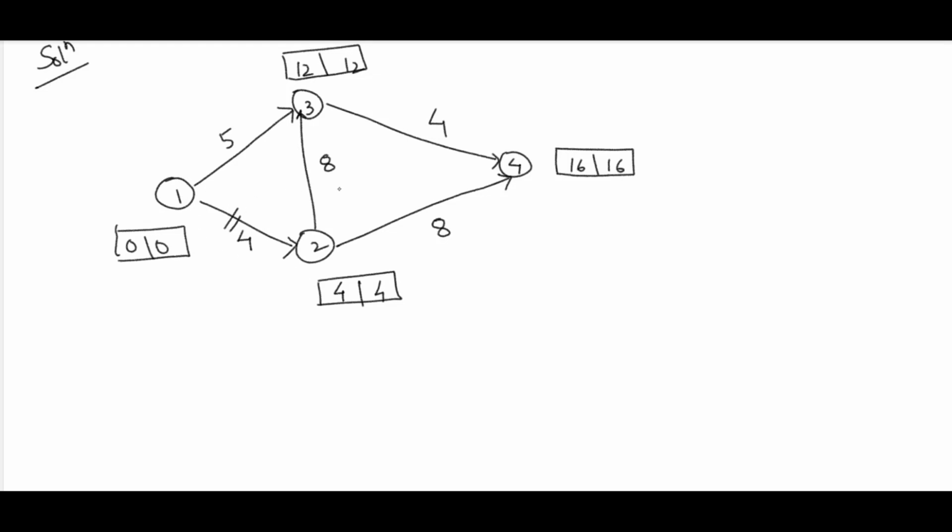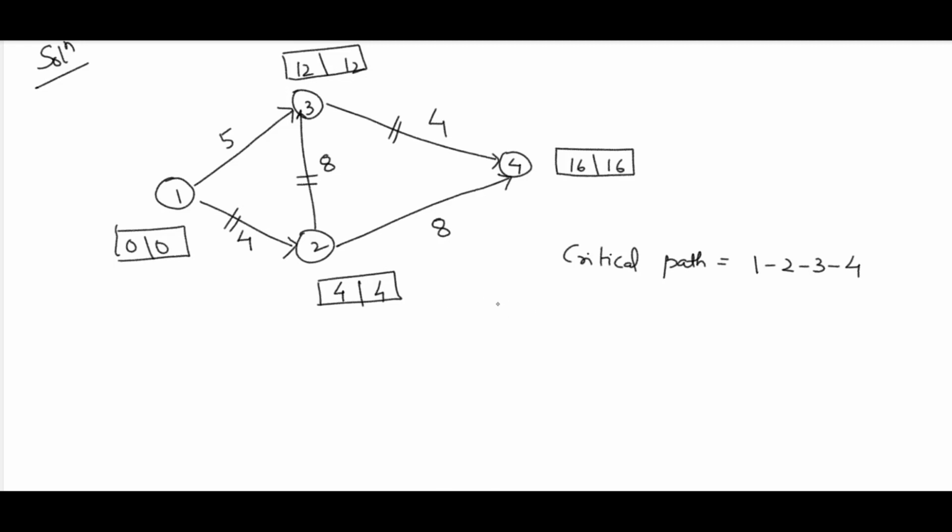So the critical activities: the critical path is 1, 2, 3, 4.